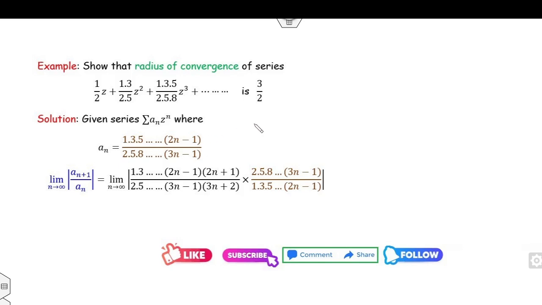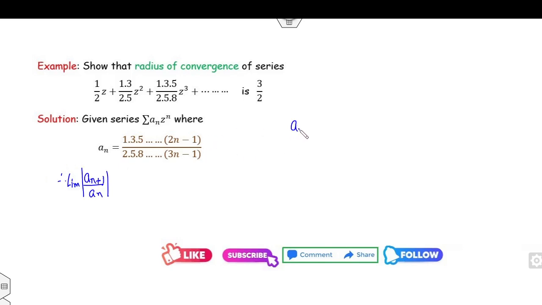So what is the value of the a_(n+1)? If I find the value of the a_(n+1), it will be 1, 3, 5, up to 2n minus 1, and if you replace n with n plus 1, it will be 2n plus 1, divided by 2, 5, 8, it is 3n minus 1.